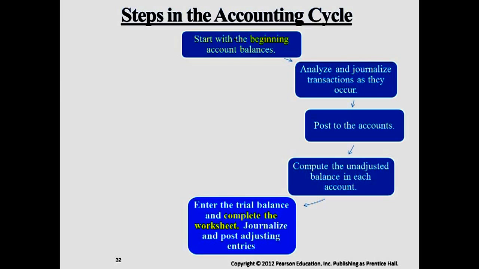Second column, we do adjustments, and then we post the adjustment amounts in the adjustment column. Then after that, you finally have the amount that is up to date, either at the end of the month or the end of the quarter. That will be the adjusted trial balance amount, the adjusted amount.